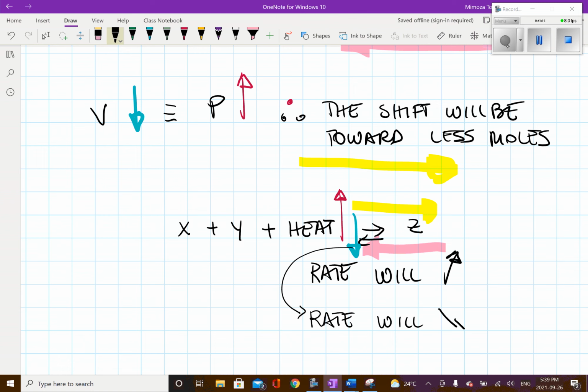This means that only a change in temperature changes the value of the equilibrium constant. For changes in concentration, pressure, and volume, as long as you keep the same temperature, the equilibrium constant does not change.